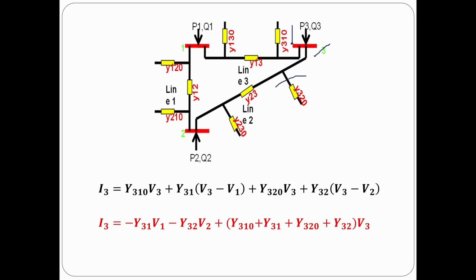Using the same analysis from the previous slides, the current I3 is equal to Y310 V3 plus Y31 times V3 minus V1 plus Y320 V3 plus Y32 times V3 minus V2. So the current injection in bus number 3 is I3 equal to negative Y31 V1 minus Y32 V2 plus Y310 plus Y31 plus Y320 plus Y32 times V3.